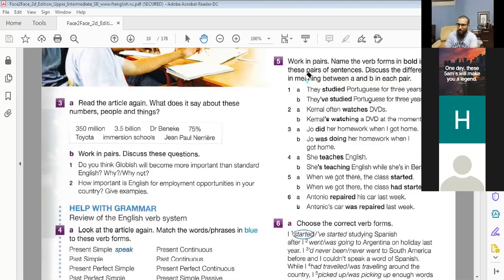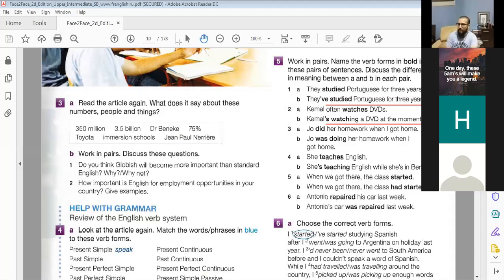What do you think now of the second couple here, A and B? Kamal often watches DVDs. Kamal's watching a DVD at the moment. The first one is a habit.